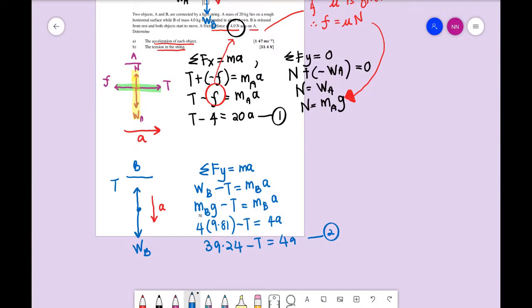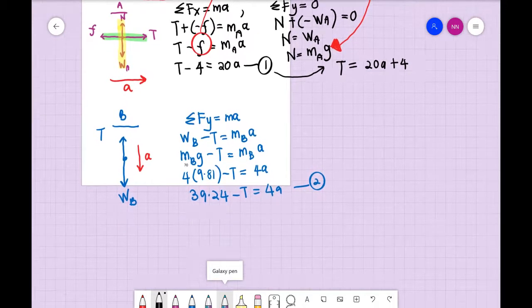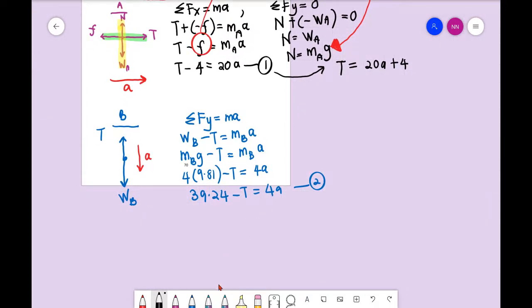From equation 1, you can let T be the subject. So T equals 20A plus 4. Substitute T equals 20A plus 4 into equation 2. So 39.24 minus (20A plus 4) equals 4A.